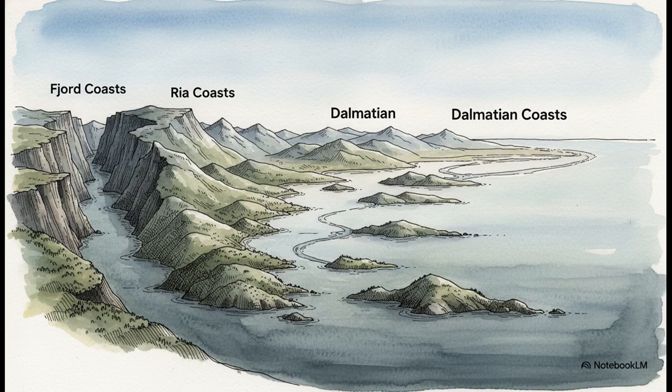If it floods a deep U-shaped valley that was carved by ancient ice, you get the breathtaking fjords of Norway. If it floods parallel mountain ridges, you get the island-hopping Dalmatian coasts of Yugoslavia. And if it just floods a low-lying river mouth, you end up with an estuarine coast, kind of like the Thames in Britain. It's the exact same rising water, but painting on completely different canvases.